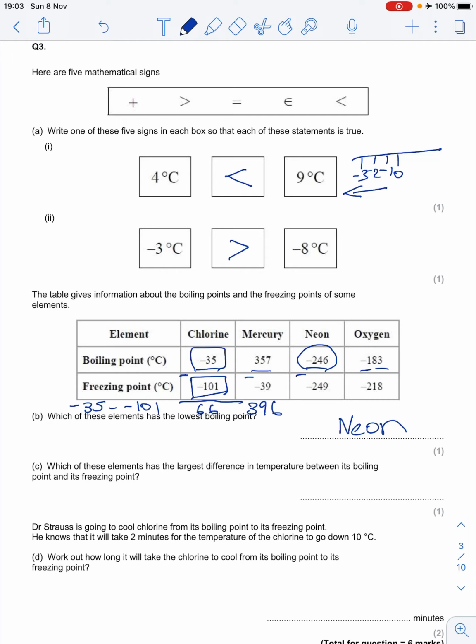Then minus 246 minus minus 249, and so on, then minus 183 minus minus 218. The difference is 35. So the biggest difference is 396, and this is mercury.